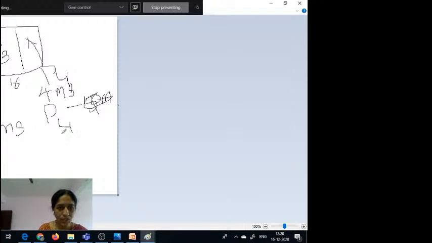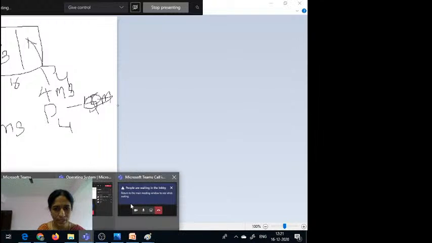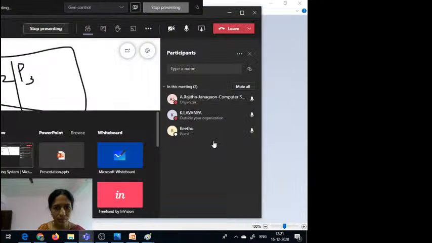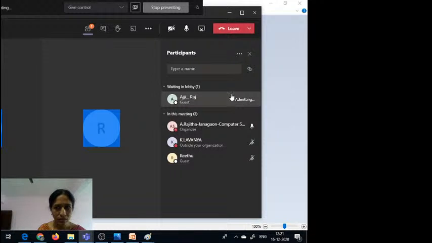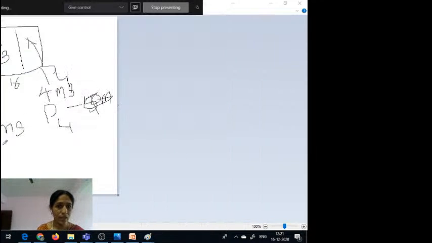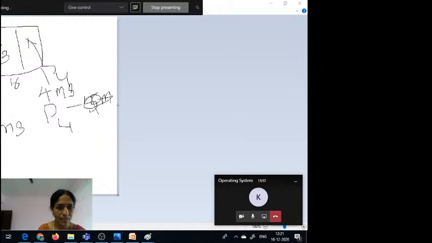The currently executing process is P1. After completion of 5 milliseconds, 5 milliseconds remain. At that time, one more process enters the ready queue with a 4 millisecond burst time. Comparatively, 4 milliseconds is less than the remaining 5 milliseconds.